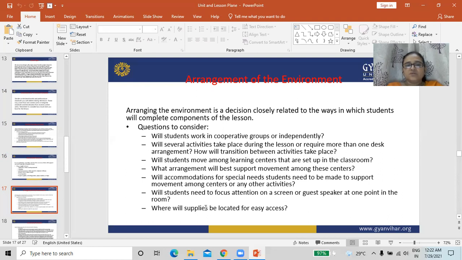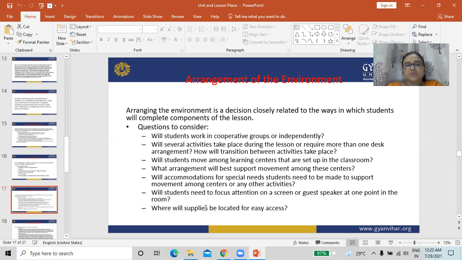Will several activities take place during the lesson or require more than one desk arrangement? How will the transition between activities take place?